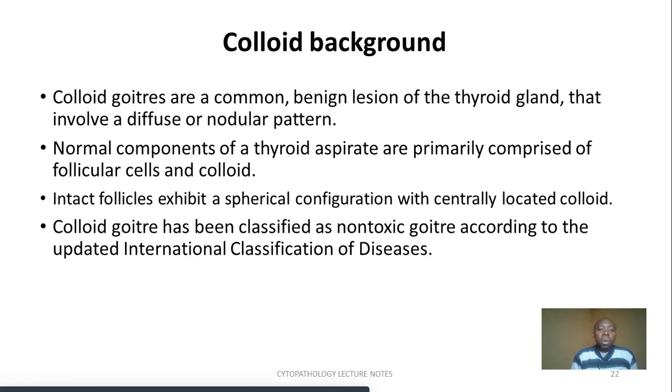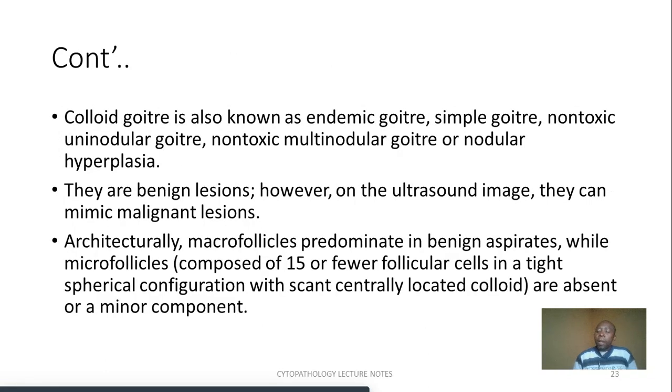Colloid goiter has been classified as non-toxic goiter according to the updated international classification of disease. Colloid goiter is also known as endemic goiter, simple goiter, non-toxic and nodular goiter, non-toxic multinodular goiter, or nodular hyperplasia.